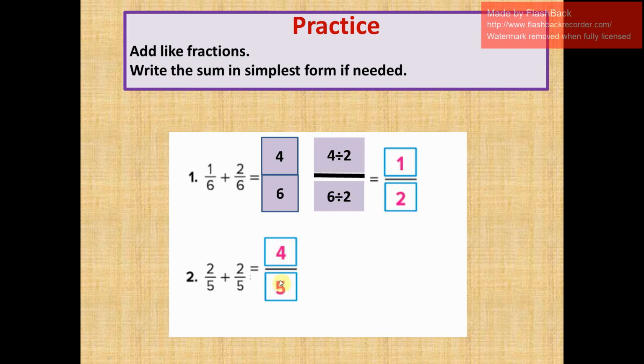The greatest common factor between both numbers is 1. So this fraction is written in simplest form. So the sum here is written in simplest form. So there is no need to simplify, because the greatest common factor between 4 and 5 is 1.